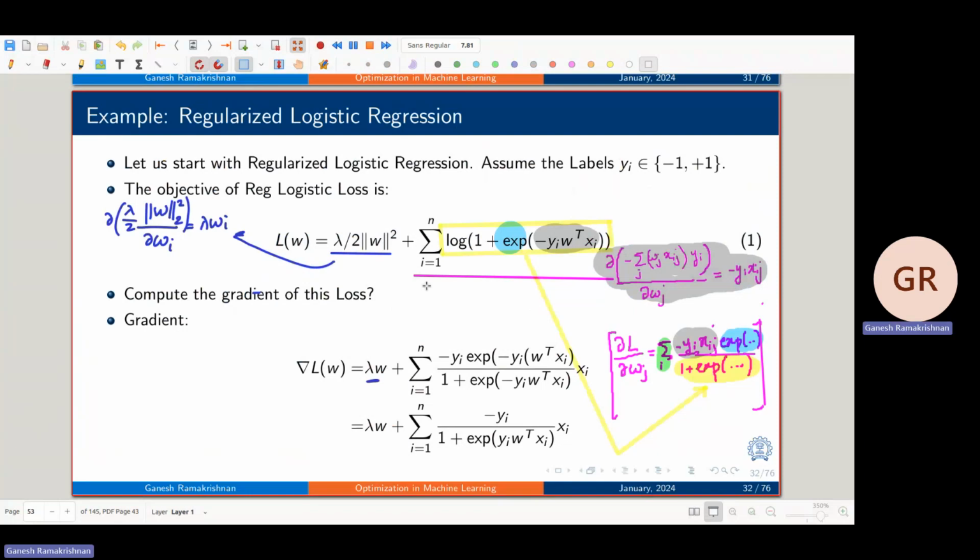The gradient of the first component is easy, right? What is the gradient of the first component? The partial derivative of norm w squared, the 2-norm squared, is the sum of the squares of the components. The partial derivative will just be 2 times the corresponding w_i. And because it's lambda by 2, I'll just get lambda w here.